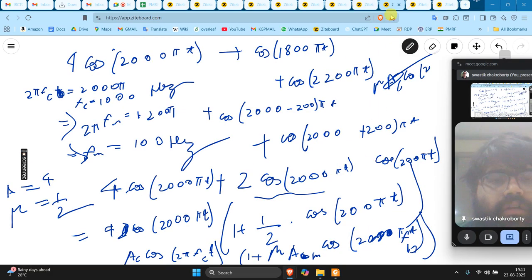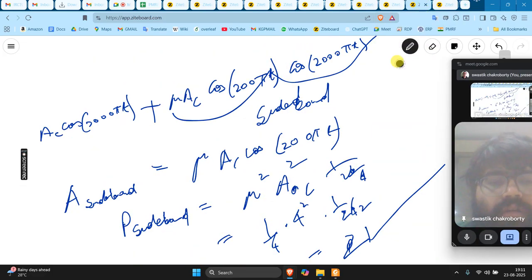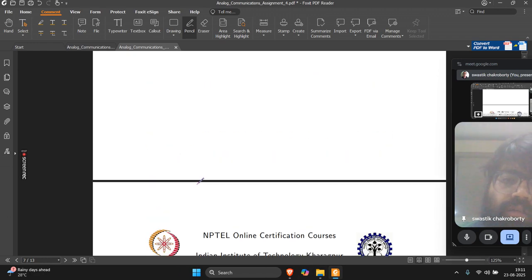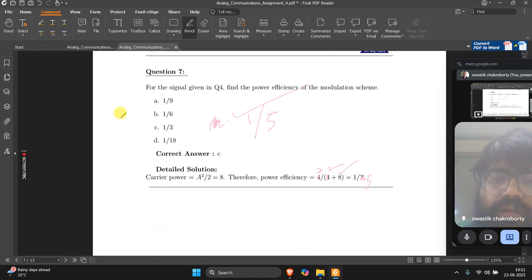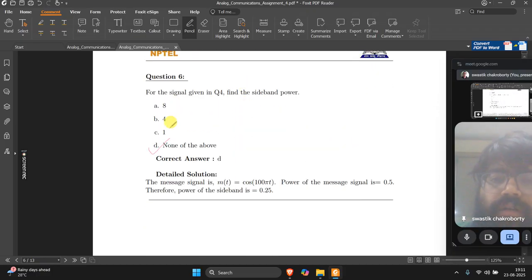If the sideband power is 1, then the efficiency will be 1 by 1 plus 8, so 1 over 9. The efficiency will be 1 over 9. This is because the sideband power is 1. So the correct answer is option 1 over 9. And the sideband power is 1, not this, but 1.